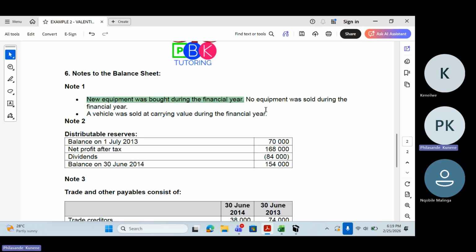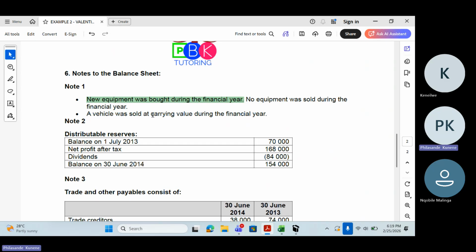So which means now, under purchase of fixed assets, we need to be able to calculate this new equipment that was purchased. No equipment was sold during the financial year. So which means there will be no disposal under equipment. We need to be aware of that. When we do a T account to calculate equipment that was purchased, we must know that nothing was sold during the year.